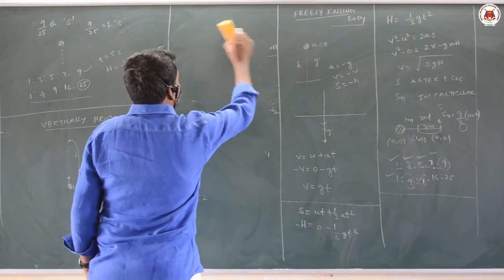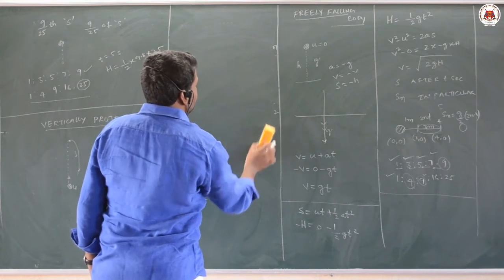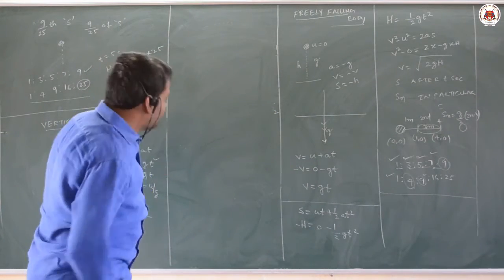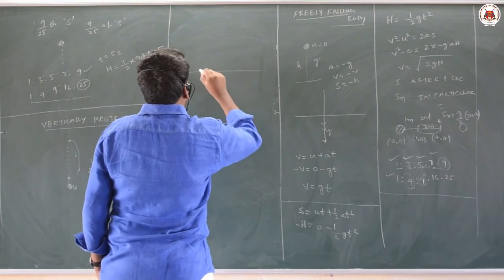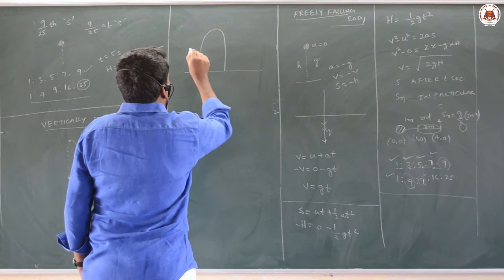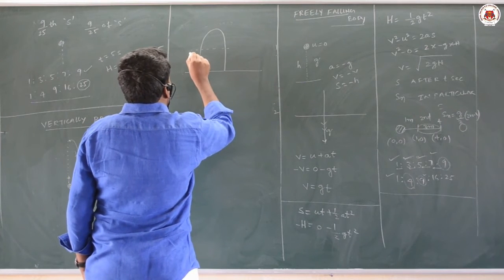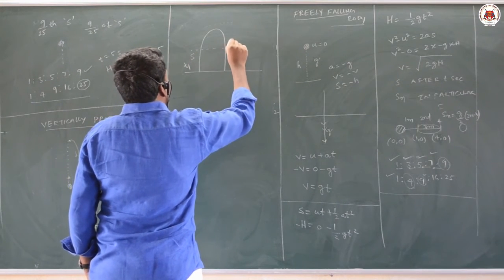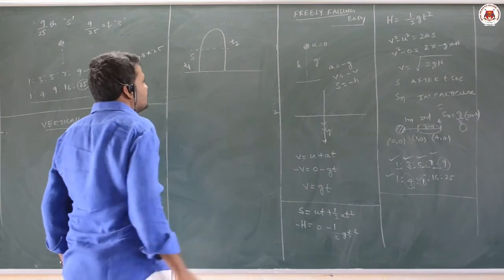Here the height will be the same for two values of time. If the body moves upwards, consider a vertically projected body, it moves upwards and comes down; at a particular point of displacement, at two times t1 and t2, the body is at the same position.